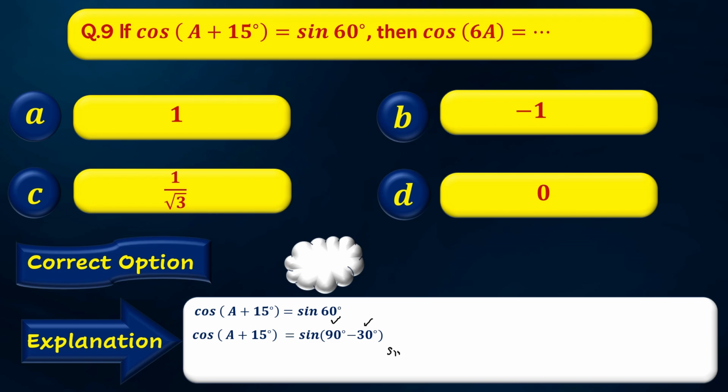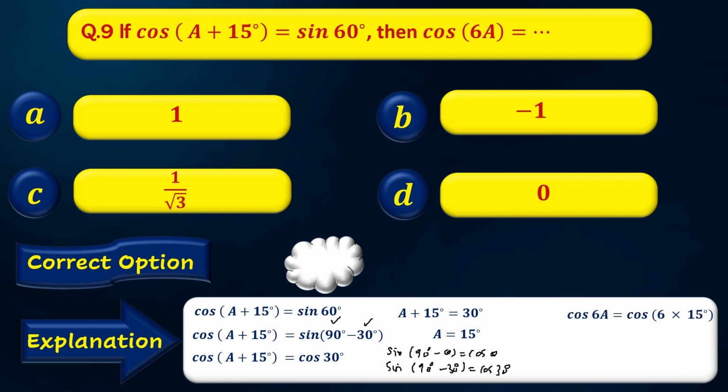Also, we know that sine of (90 degrees minus theta) is equal to cos theta. Therefore, sine of (90 degrees minus 30 degrees) will be equal to cos of 30 degrees. So we get cos of (a plus 15 degrees) is equal to cos 30 degrees, which gives a plus 15 degrees is equal to 30 degrees, and it gives a is equal to 15 degrees.